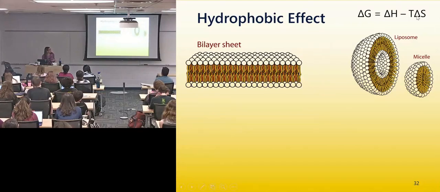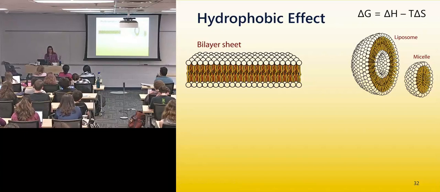What is going on with the change in entropy here? If we went from individual lipid molecules, or glycerophospholipids, into this bilayer sheet, is entropy going up or down? Down, like way down, right? This is a really organized structure. So that seems counterintuitive to the spontaneity.